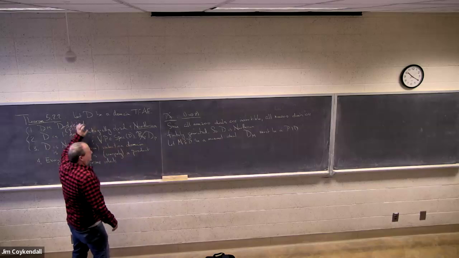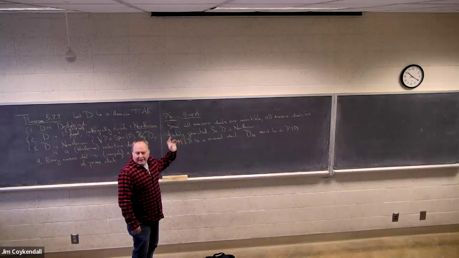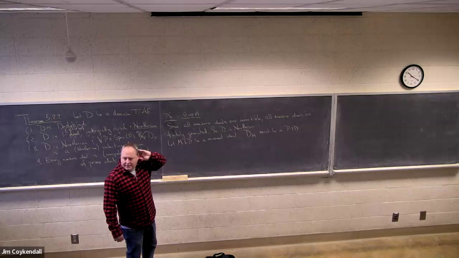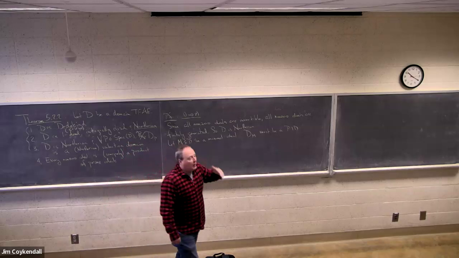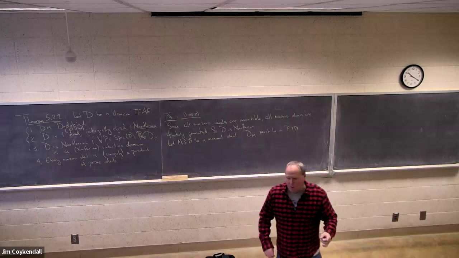We're under the assumption D is Dedekind. What do we know about M? Well, right, it's invertible.